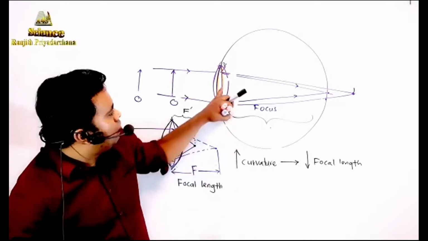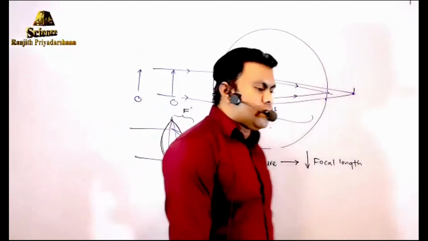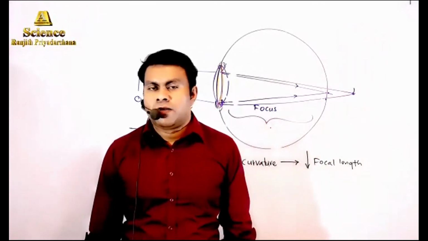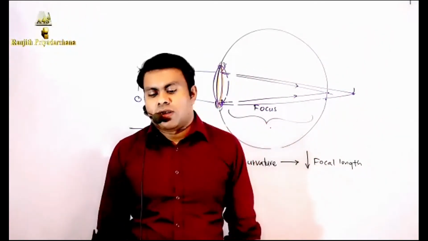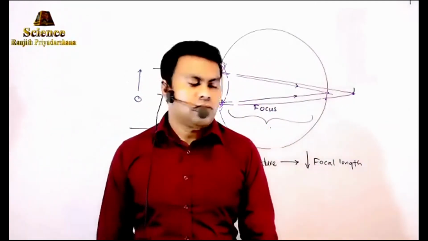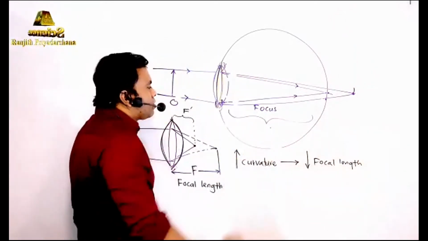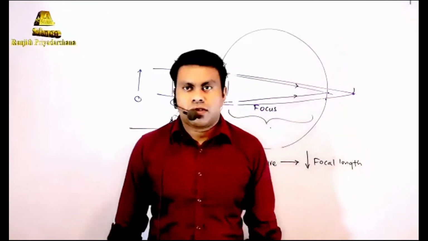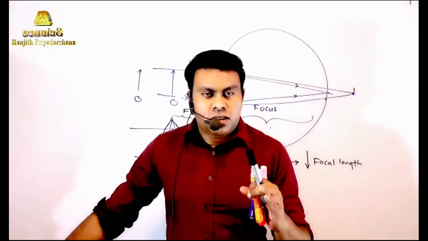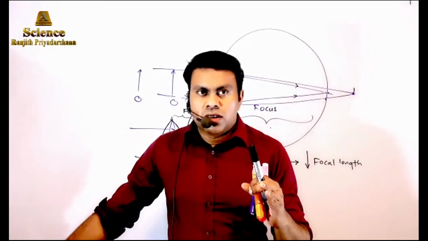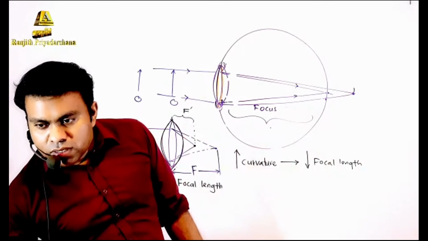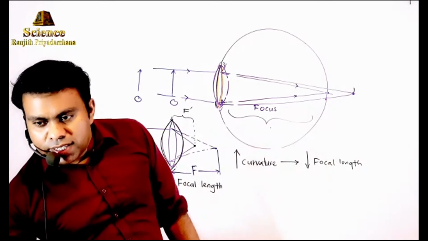Okay, under that take down: Lens is fixed to a circular structure called the ciliary body.